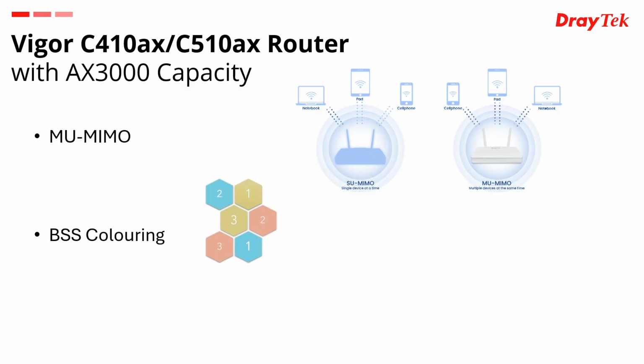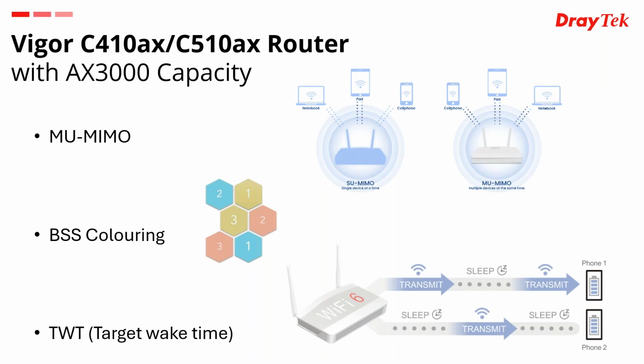There is also BSS coloring that helps in mitigating problems of co-channel interference found in all Wi-Fi networks, and some other features like TWT, target wake time, that ensures that end devices spend more time in standby while sending and receiving data more economically. So basically what it does, it reduces energy consumption and increases overall efficiency.